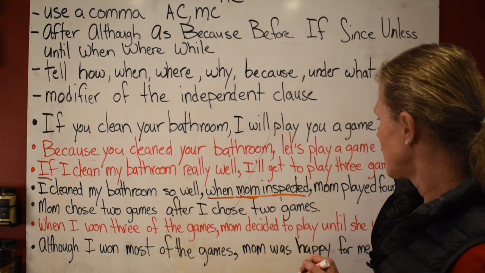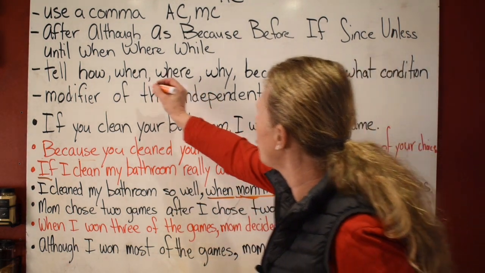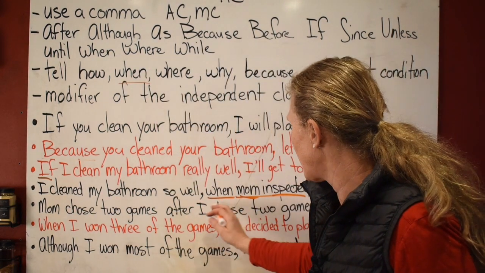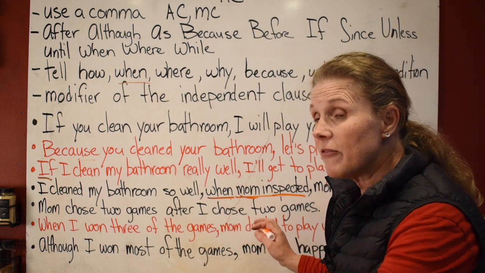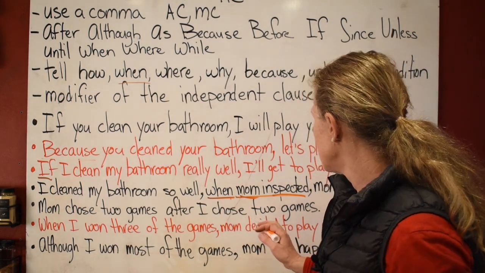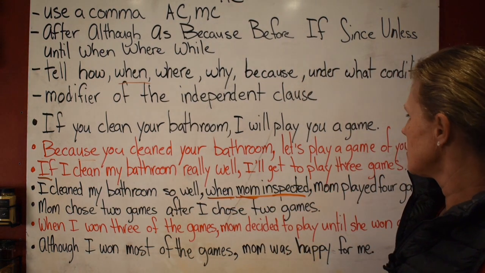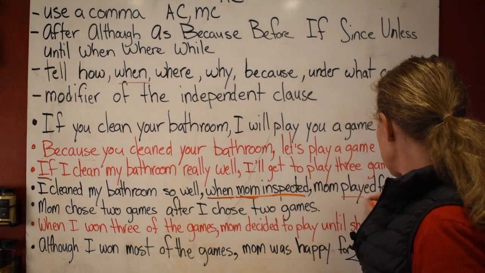Okay? What happened when? See, it's describing when. Especially if you use the word when, you know you have a subordinating word, you have a dependent clause, you have an adverb clause. It's describing when Mom inspected, what happened? Mom played 4 games.